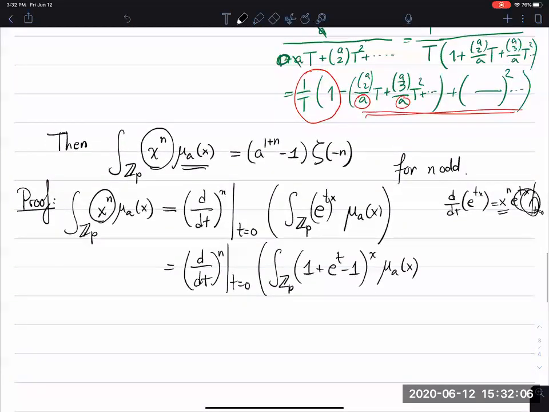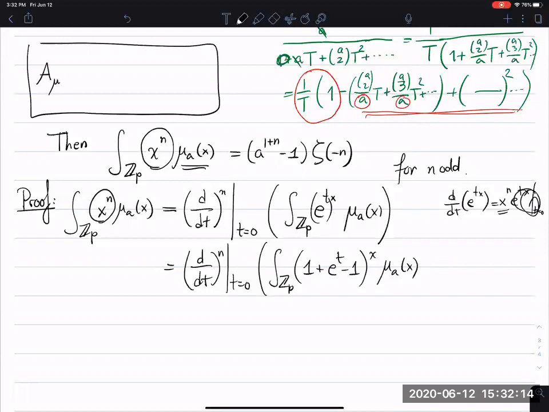Now recall that the Archimedean transform, let me write it on the upper left corner here. For a measure mu, the corresponding power series attached to that is the integration of 1 plus t to the x d mu, or excuse me, it's just mu of x.